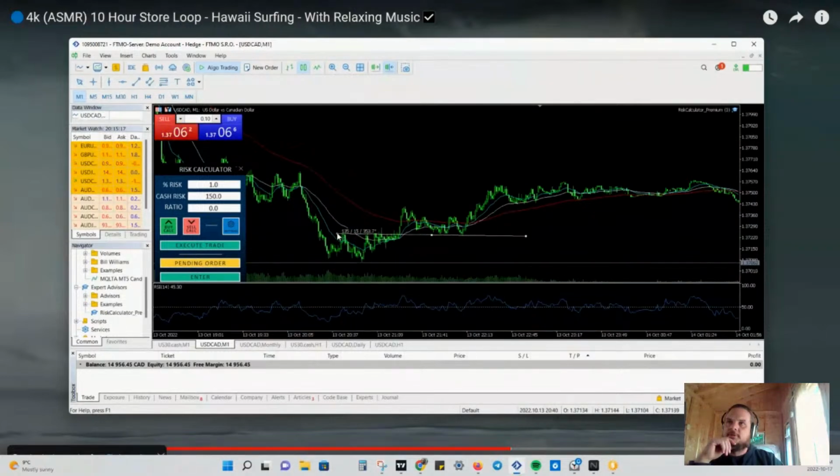That's resistance, flip to support, clear support. And Fibonacci. It's right at the 50 area. Put a stop loss below the 618.